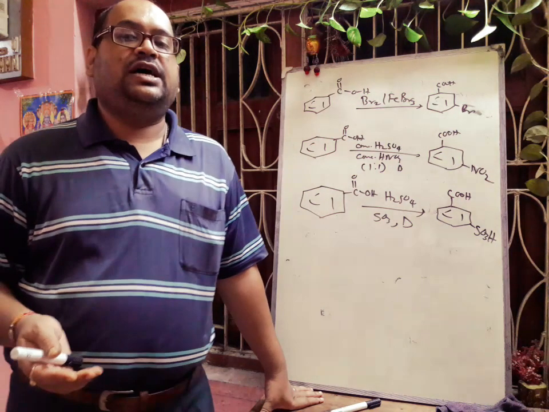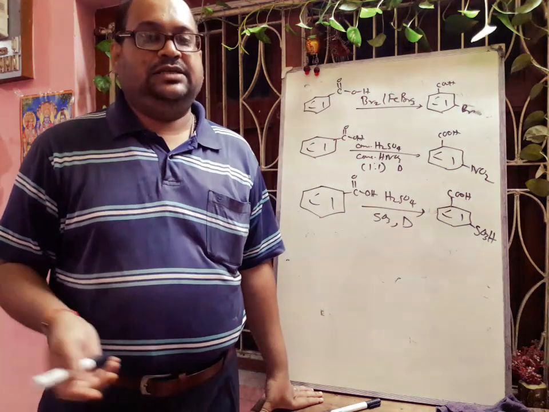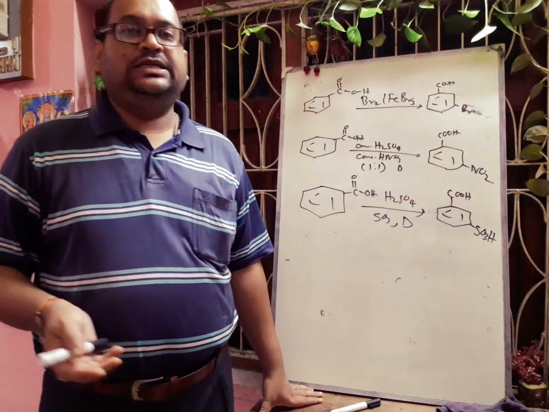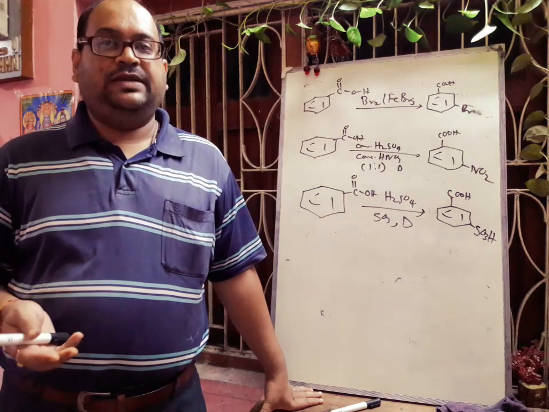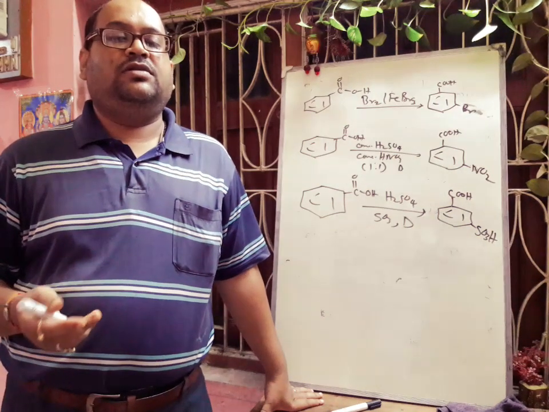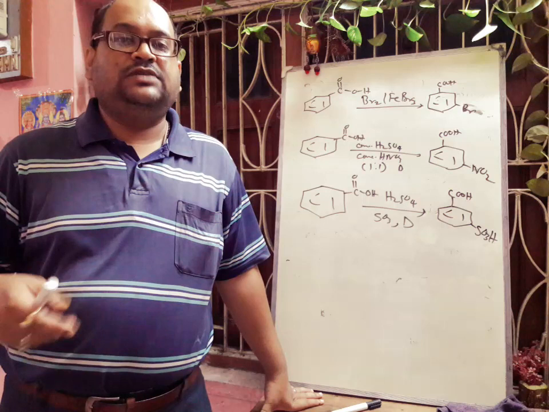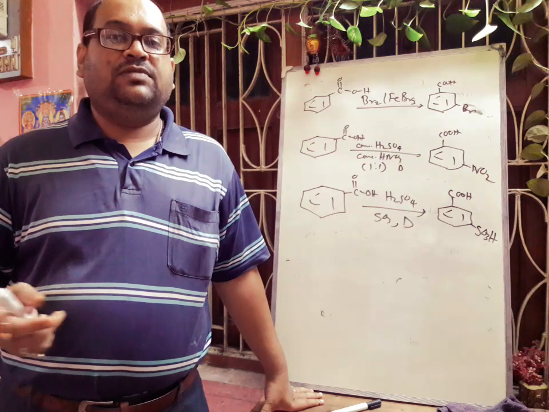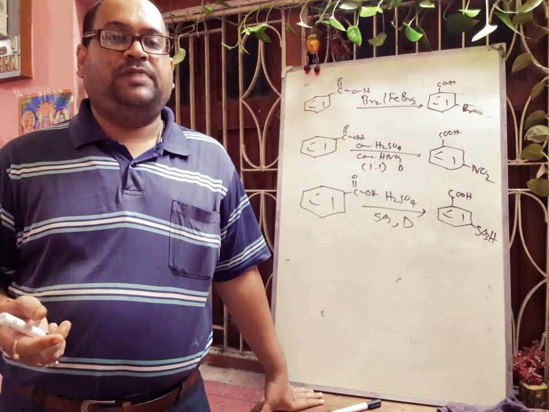Next we will discuss the uses of benzoic acid. We know that salt of benzoic acid is a good food preservative. Okay, so the sodium salt of benzoic acid, sodium benzoate, is used as a food preservative, and esters of benzoic acid are also used in perfumes.